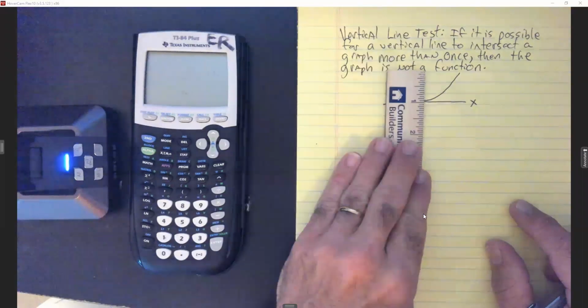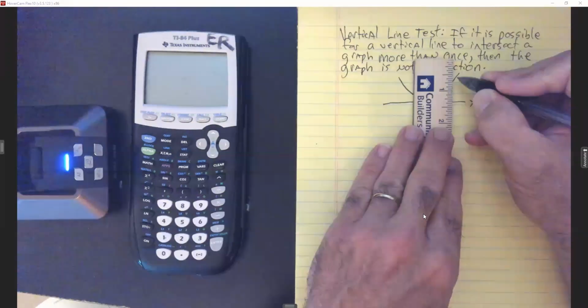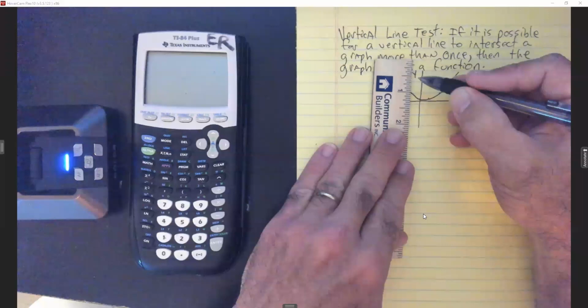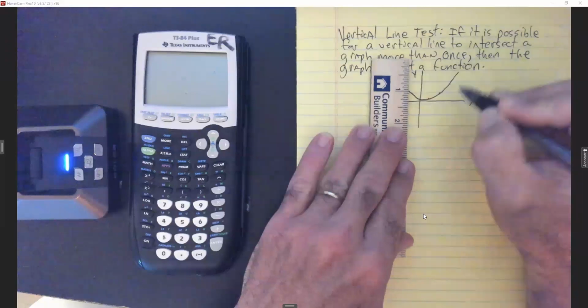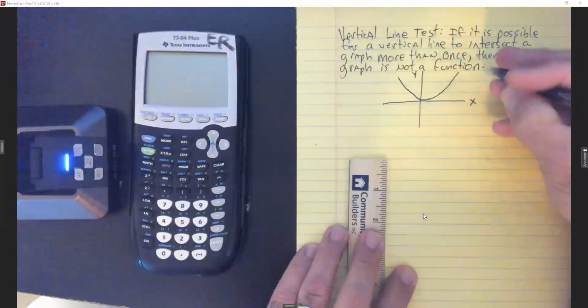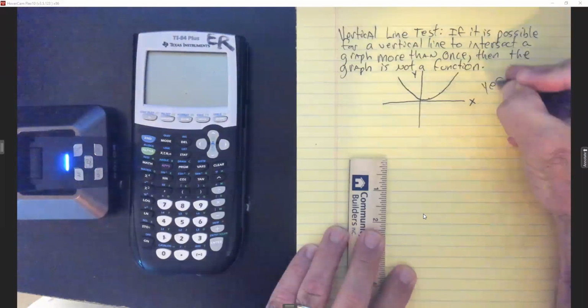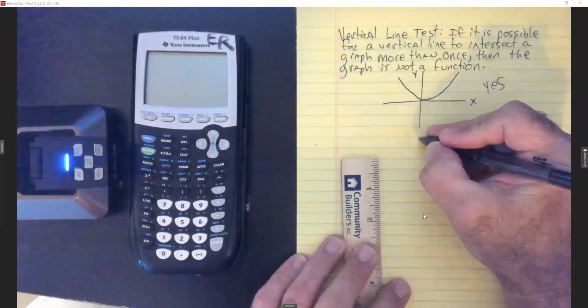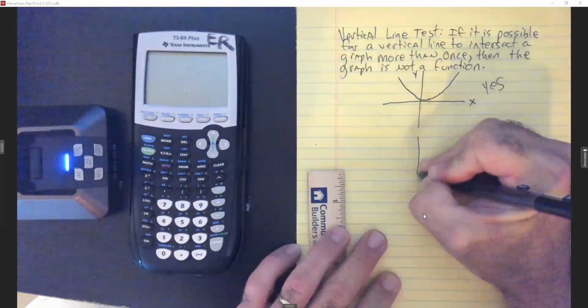So notice, this line only intersects my graph once everywhere I go. So since this line does not intersect my graph more than once, this is definitely what a function would be like.